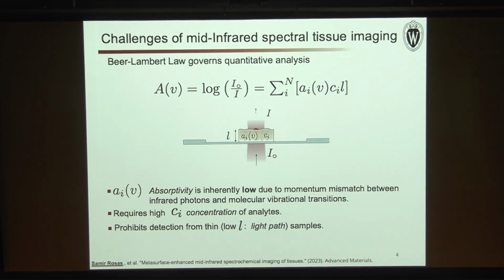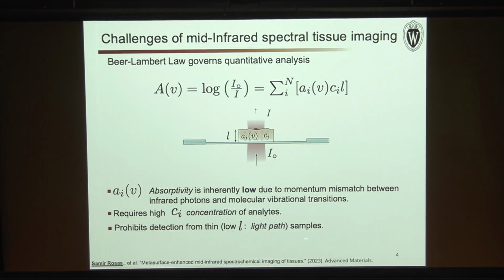This law tells us that you can find the absorption by calculating the logarithm of the ratio between your incoming illumination and your outgoing illumination. What this means is that if you know your absorbance, you also have access to the concentration of the particular molecule that you're looking for.